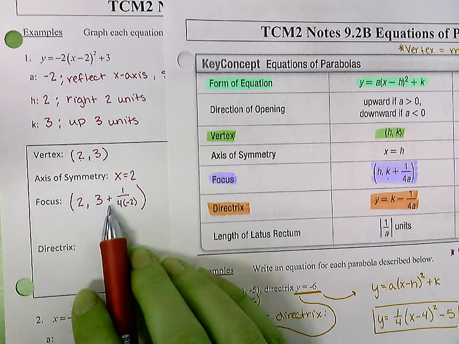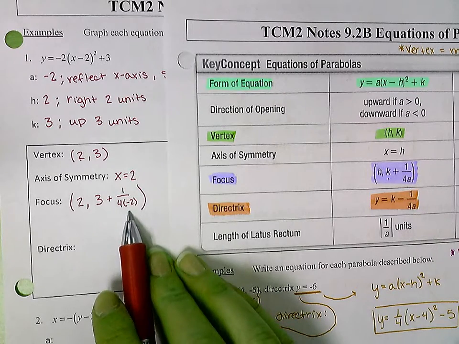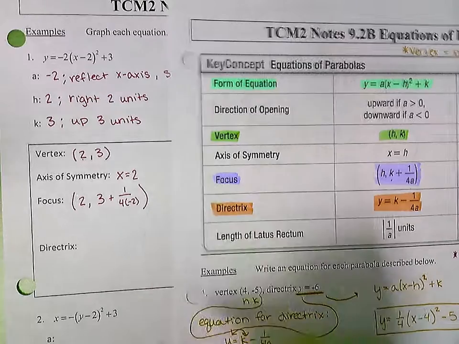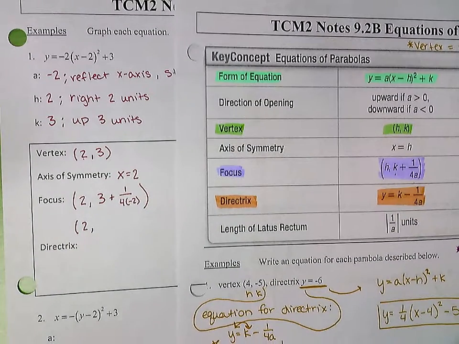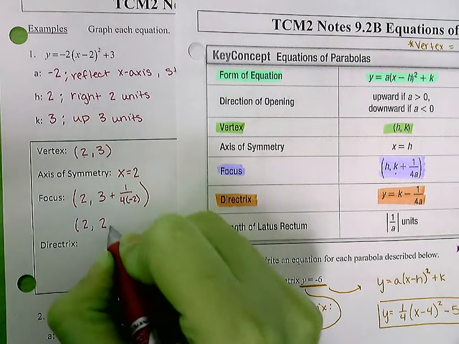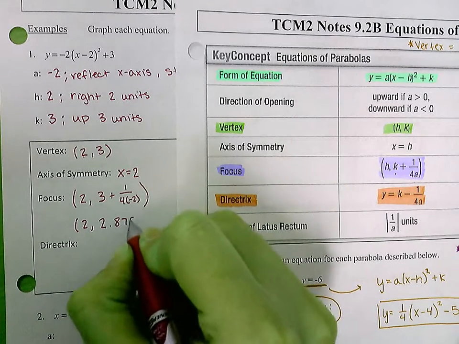Okay, so I have 3 plus a negative 1/8, if I multiply 4 times negative 2. So you could just plug that into your calculator if you wanted. So we'll still have 2 as that first coordinate there. When I add those together, I get 2.875.